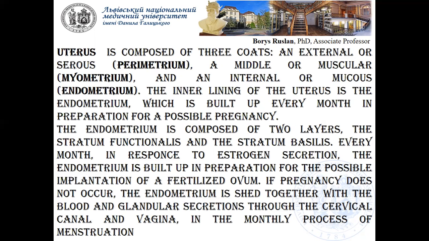Every month, in response to estrogen secretion, the endometrium is built up in preparation for the possible implantation, like I said previously, of a fertilized ovum. If pregnancy does not occur, the endometrium is shed together with blood and glandular secretion through the cervical canal and vagina in the monthly process of menstruation.